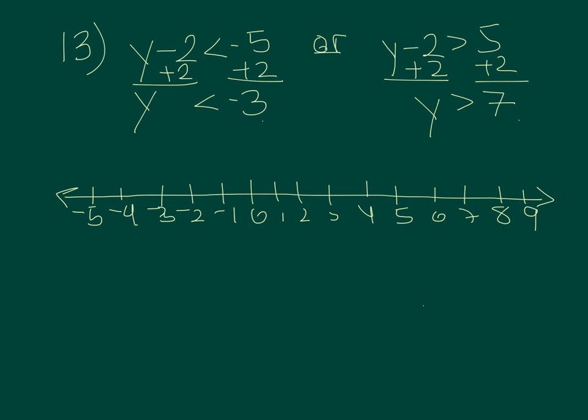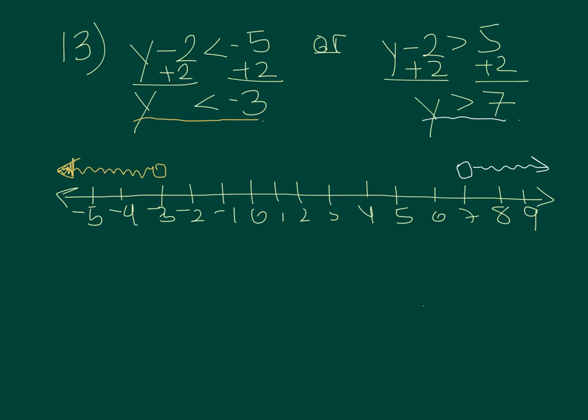Now, using two different colors, I want to graph all of the y values that are less than negative 3. So it's negative 3, I do not include the negative 3, but it's all of the values less than negative 3. Now for "or", I want to see where one solution or the other is true. Now I'm going to graph the second inequality. y is greater than 7. So I go to 7, do not include 7, but it's all the numbers greater than 7.